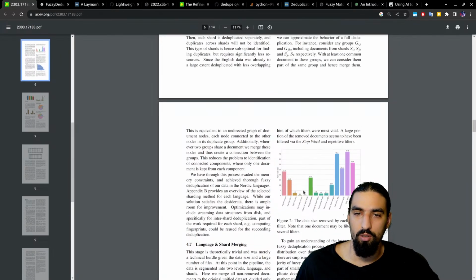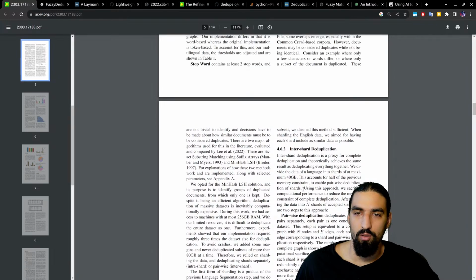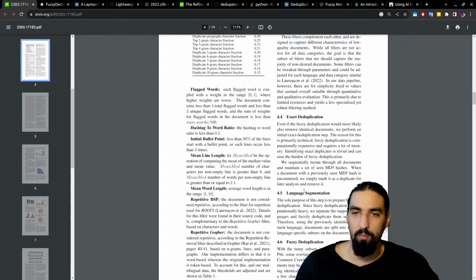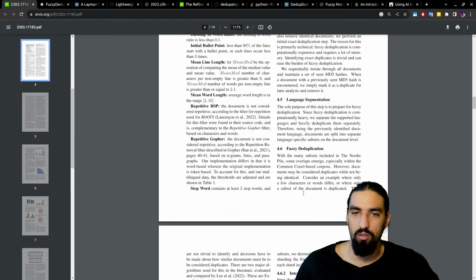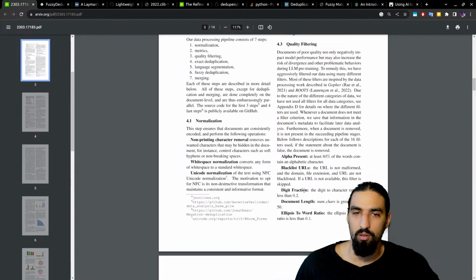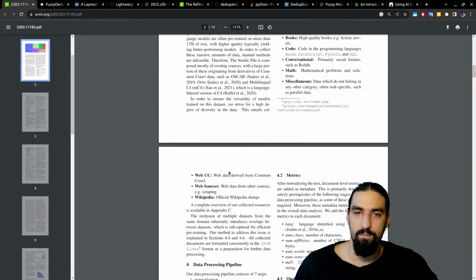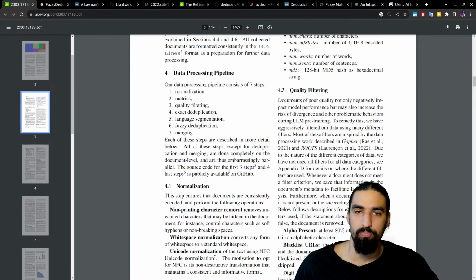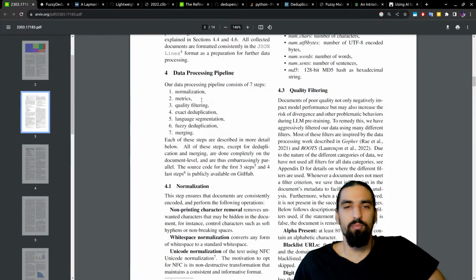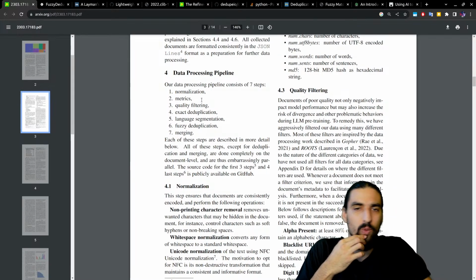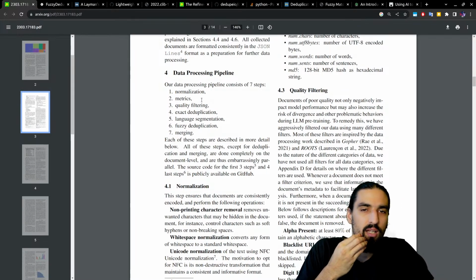Quality, deduplication, language segmentation, exact, normalization, metrics, quality filtering, exact, LID, fuzzy, and merging.